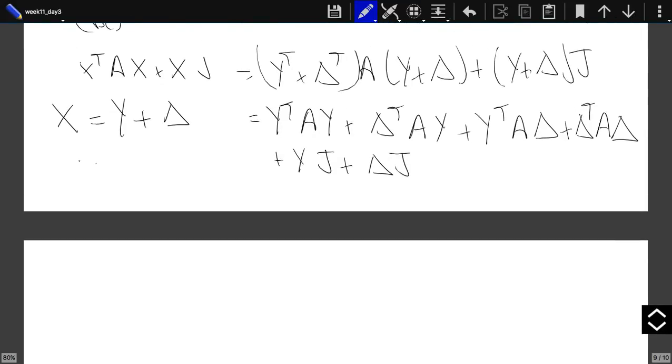So what we want is delta transpose A y. Sorry, this is x transpose J. So this is y transpose plus delta transpose. x transpose J is equal to J transpose x.